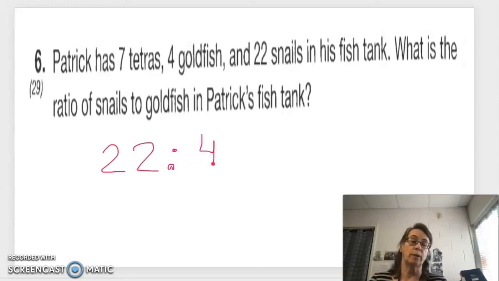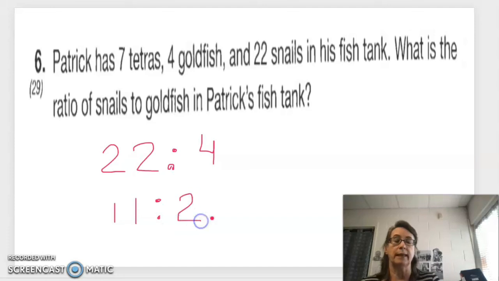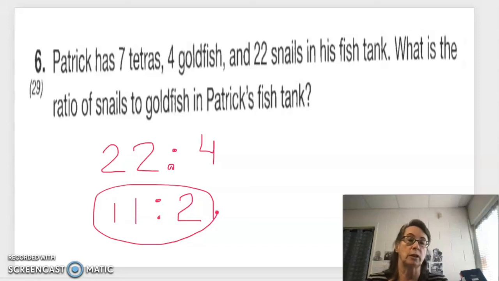Okay, so that is the ratio, but we always simplify ratios. So we're going to divide by 2 and get 11 to 2. And 11 to 2 would be the simplified ratio, which is the last problem on our PowerPoint.